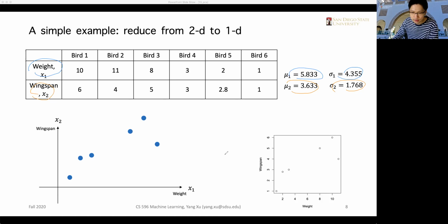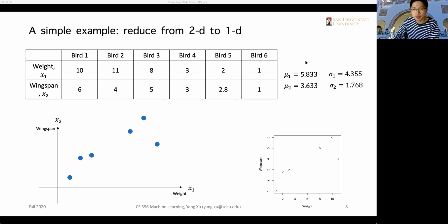If we plot the data points, it will be like this. And notice that this is not the zero point, with all these values starting from non-zero points.